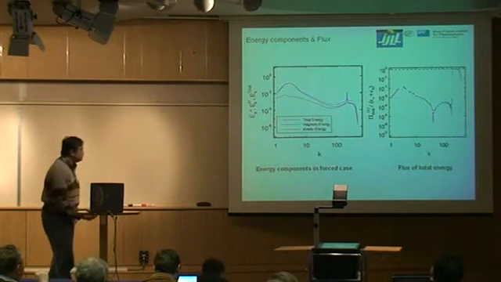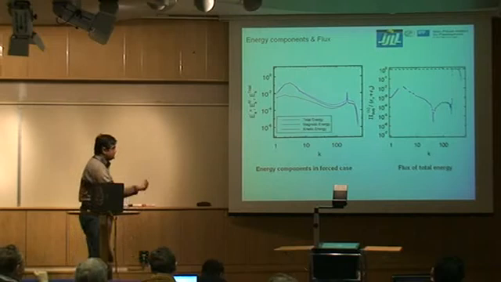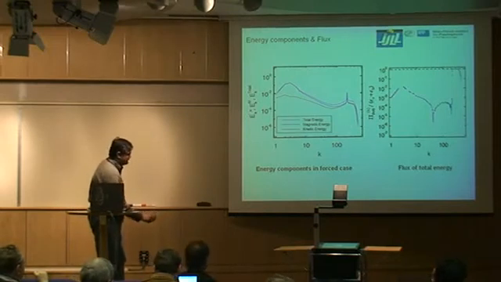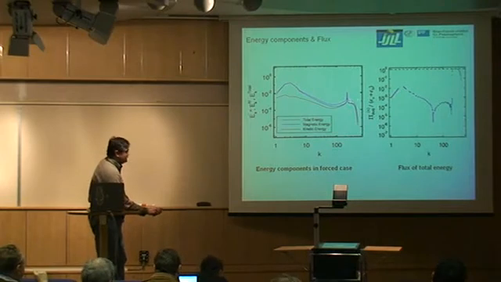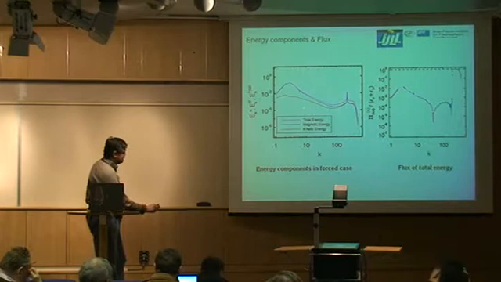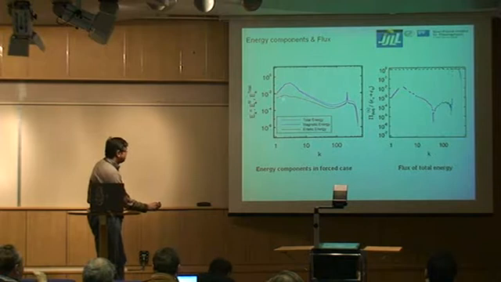Now, if we go to the energies, in this particular work I start with equal amounts of magnetic and kinetic energies, and you see that at large k values the magnetic and kinetic energies are almost in equipartition. But as you go towards smaller k, or larger scales, the magnetic energy dominates the kinetic energy by almost a factor of 10, as can be seen here.